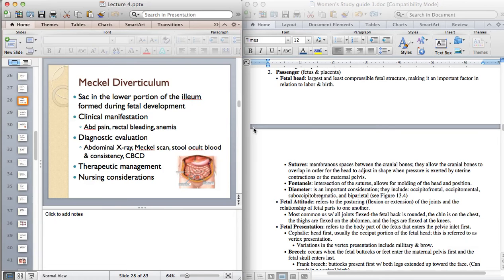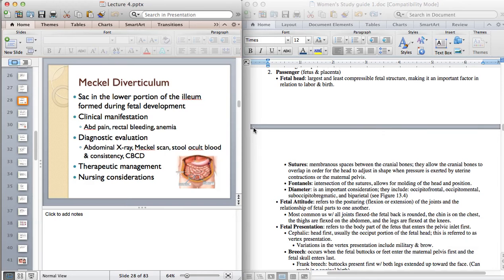So with the abdominal pain, you have to rule out Meckel's diverticulum. You can tell it's not appendicitis if you see that rectal bleeding as well.